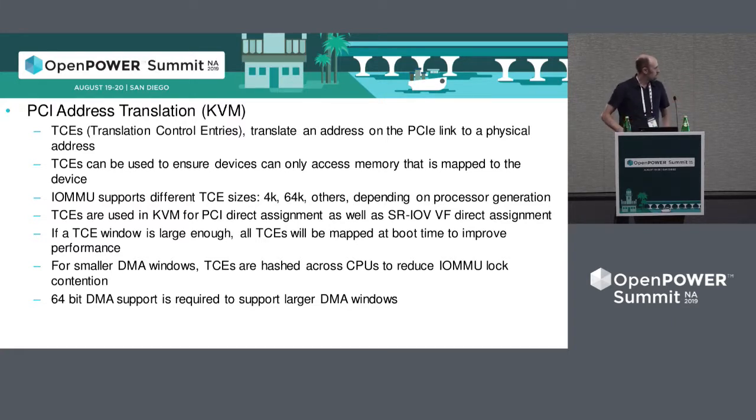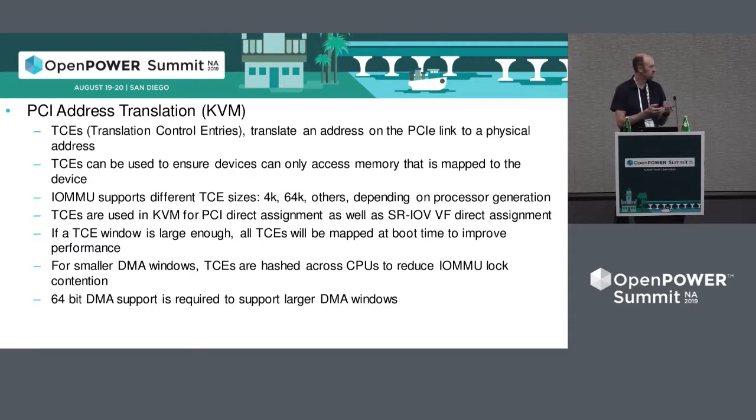The IOMMU supports different TCE sizes. 4K is the default. There's 64K, and then depending on the processor generation, there are other sizes as well. Obviously with TCEs, there's a certain overhead involved in mapping and unmapping them, and we try to mitigate that when we can.